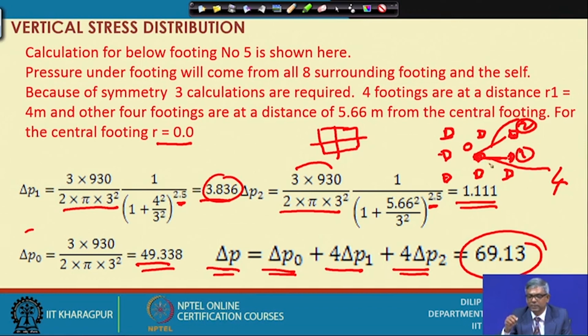Similarly, for below footing 1 and 2, if I consider below this footing, then I have to find the distance from this footing to all the others, to be taken as R1, R2, R3, R4, and Z is constant.